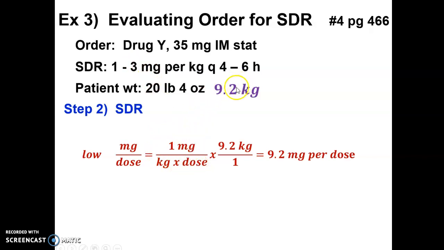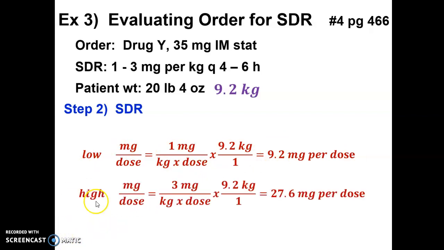Multiply it by the weight of 9.2 kilograms and it should work out to give you 9.2 milligram per dose. Okay, so now we're going to do the high side. We've got a high milligram per dose. We're running the same math, except we're working with the 3 milligram per kilogram per dose. Our patient weighs 9.2 kilograms, so 27.6 milligrams per dose. So that is our safe dosage range.